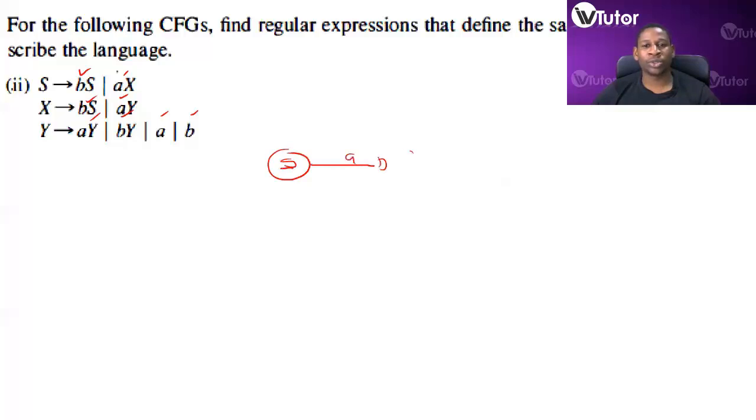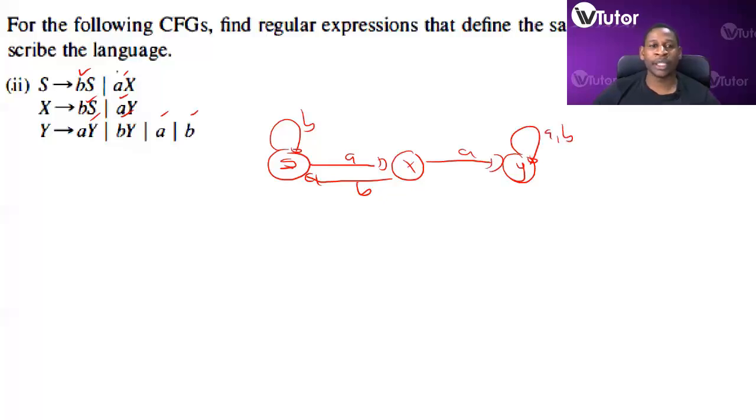With an A, you go to X. With a B, you stay here. And then if you're in X with a B, you go to S. With an A, you go to Y. Right? If you're in Y with an A or a B, you stay. With an A or a B, you stay there. And you can terminate. Okay?